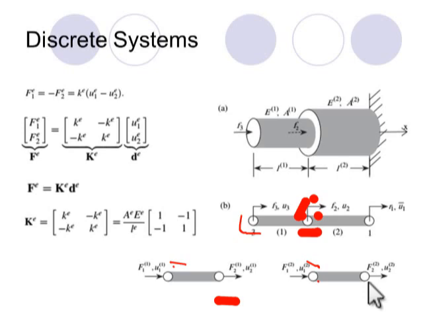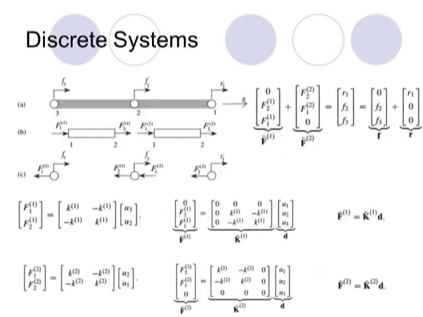So this is node 2 of element 2, but it is the first node of my global problem. Now let's continue to analyze this system. So let me write the forces and force equilibrium for each element.